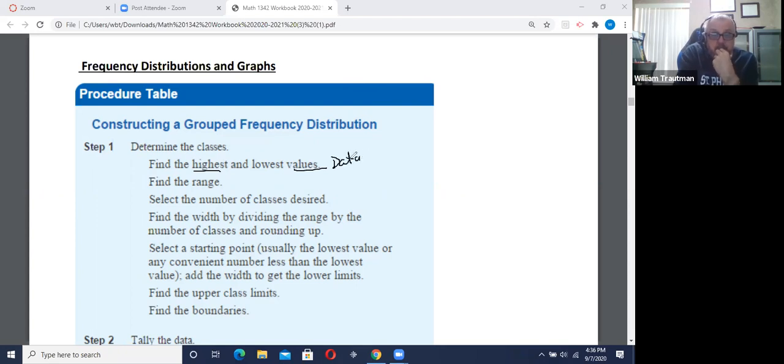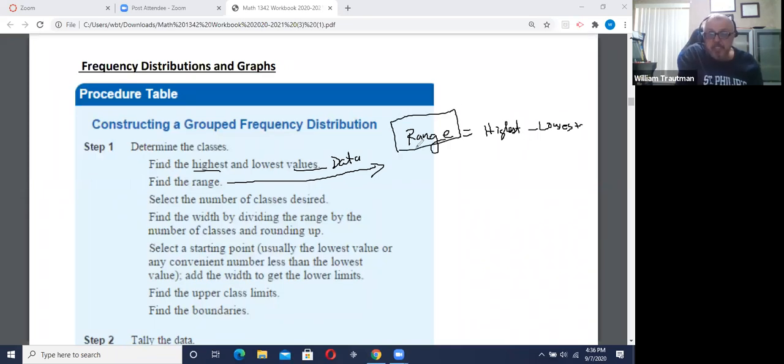Find the range. Okay, so now I'm going to give you the formula for range. Range equals the highest piece of data, subtract the lowest piece of data. That's it. So range is the highest piece of data minus the lowest piece of data.